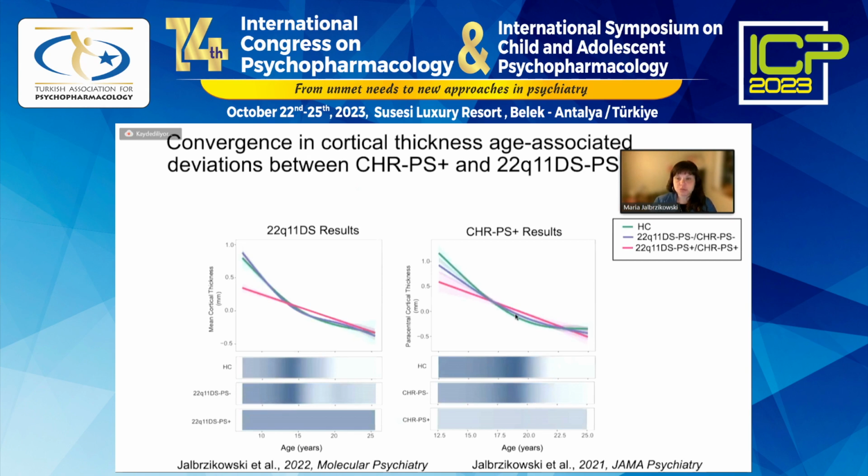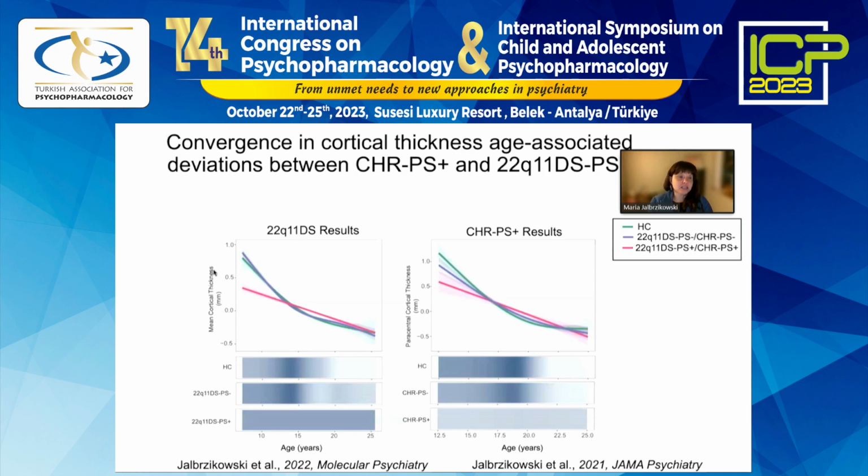Now, what I think is really super cool is that since this study on the right that I just showed you was published in 2021, I've worked with Carrie Bearden, I think she presented yesterday, to examine another high-risk cohort, 22q microdeletion syndrome, a genetic disorder that confers significantly increased risk for psychosis, on the left.